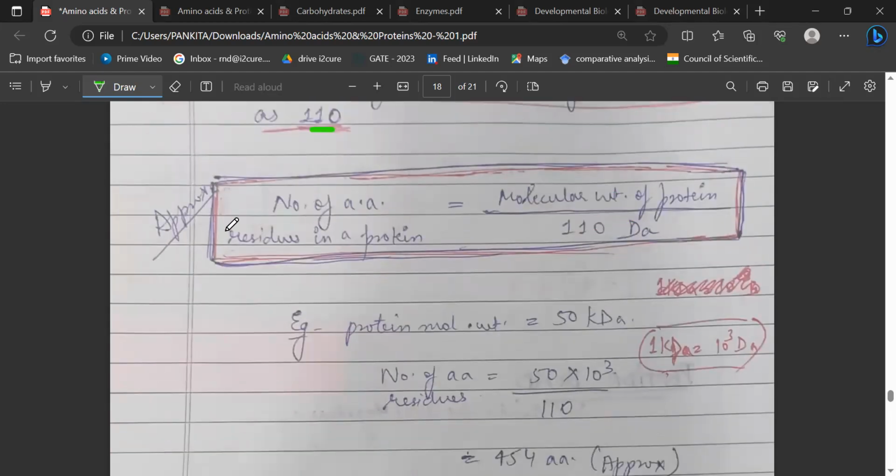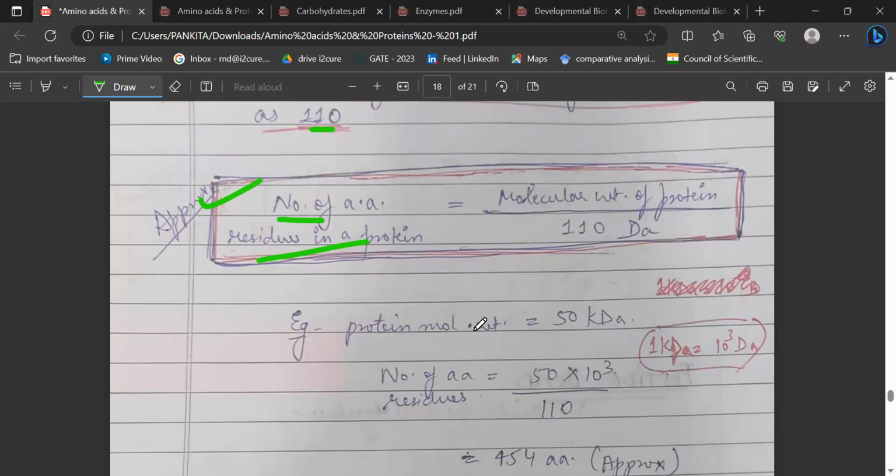The application of this is in finding out the number of amino acid residues present in a protein. You calculate it using a formula wherein you divide the molecular weight of the protein by 110 Daltons, basically dividing the molecular weight of a given protein by the molecular weight of one amino acid.